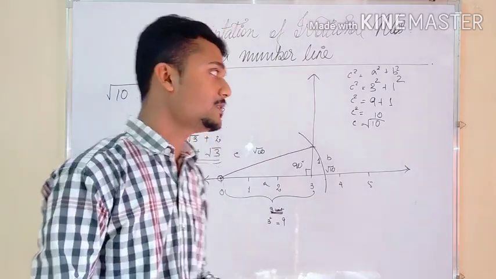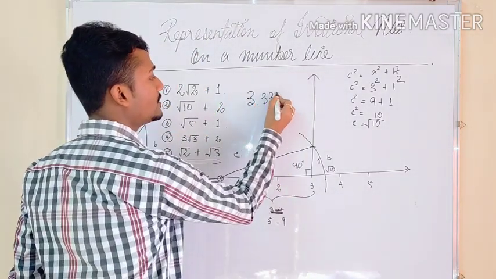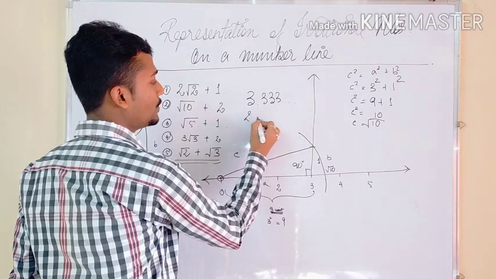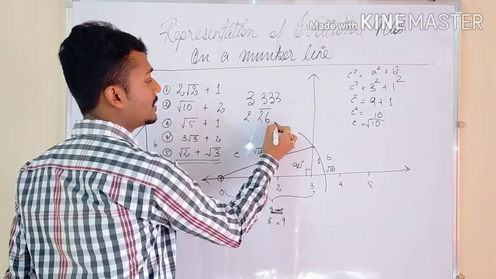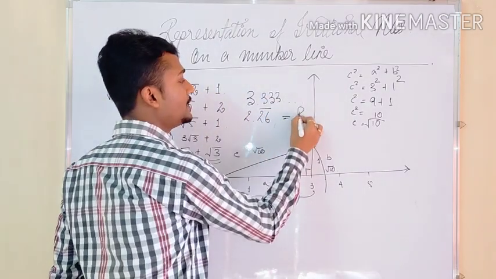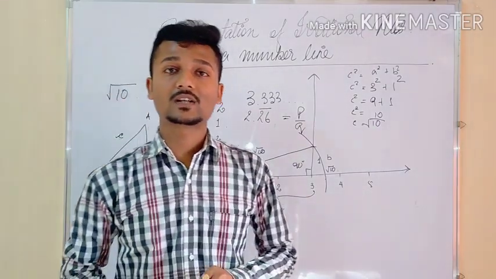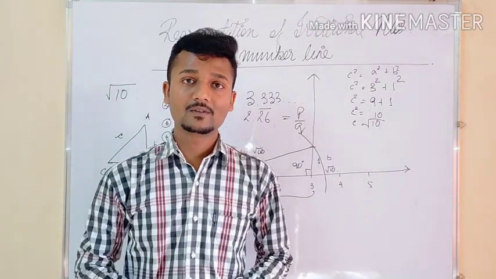That means we will try to represent this sort of numbers: 3.333... or 2.26 bar. Okay, this sort of number we will try to represent in the form of p by q. Okay, with this I would like to conclude my today's video.